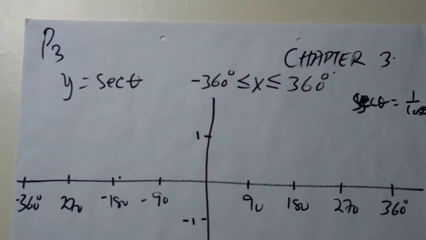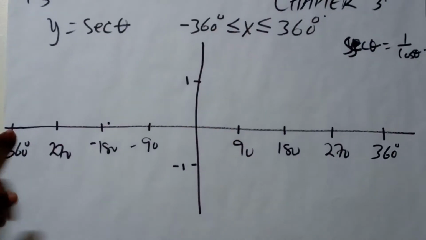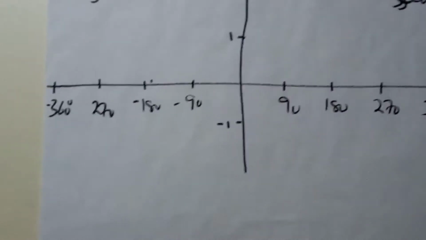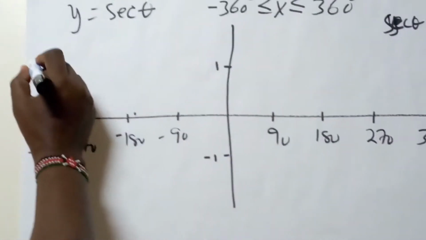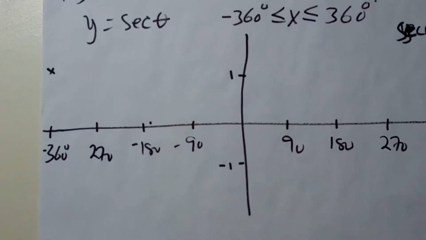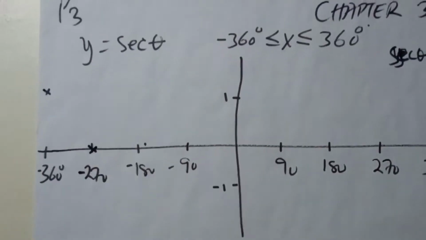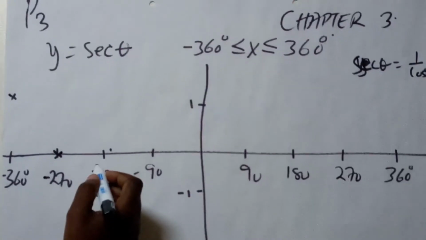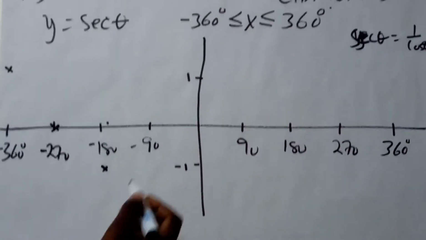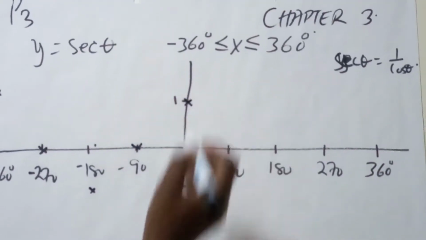If we plot the graph of y equals cosine theta, we know that when theta is negative 360, cosine negative 360 is 1. Cosine negative 270 is 0. Cosine negative 180 is negative 1. Cosine negative 90 is 0. Cosine 0 is 1.